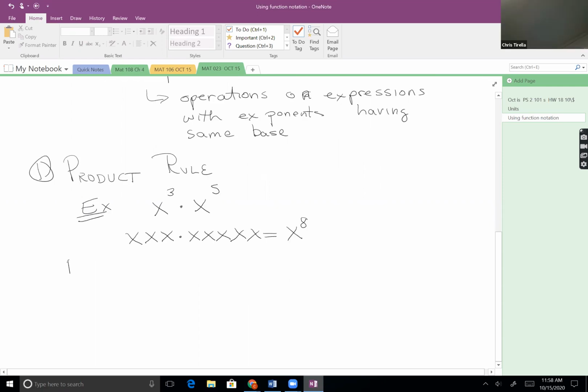So product rule says that if the bases are the same, to multiply, we're going to do 2 things. We're going to keep the base, and we're going to add the exponents.